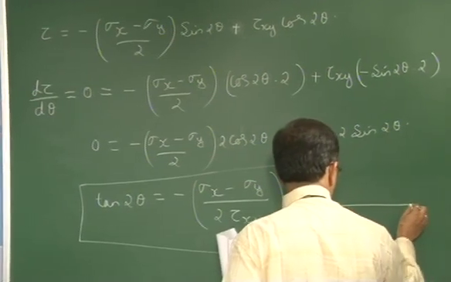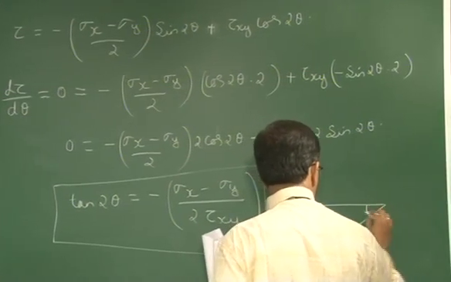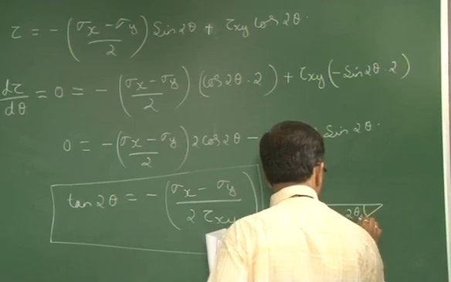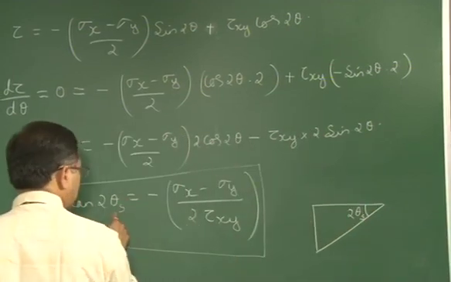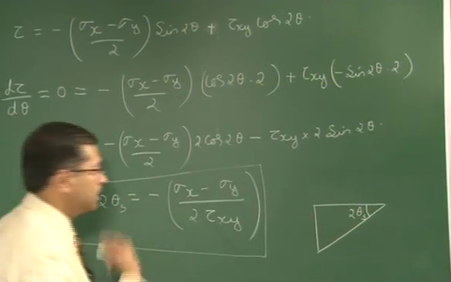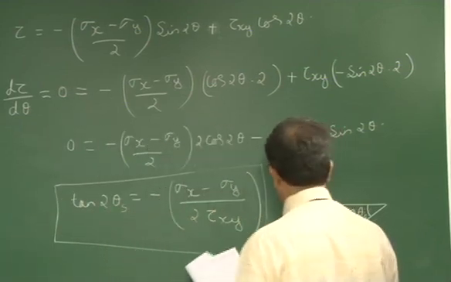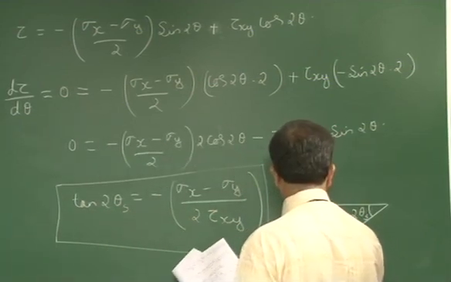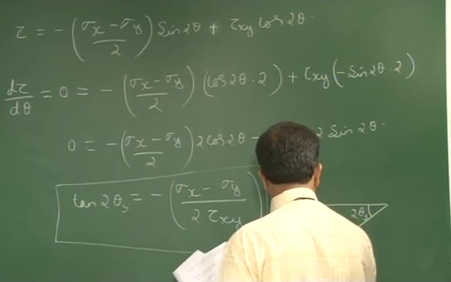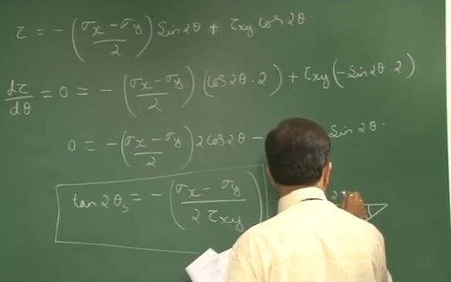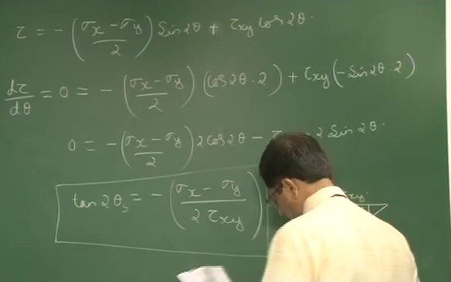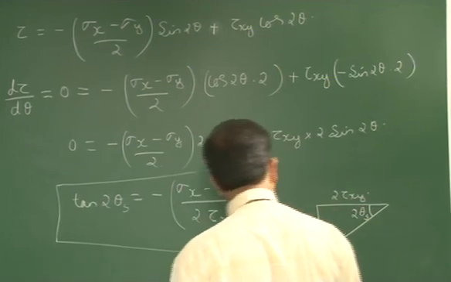This would be 2 theta s, where this s corresponds to the maximum shearing stress plane, and we have tan equals sigma x minus sigma y, and this is 2 tau xy. Okay.